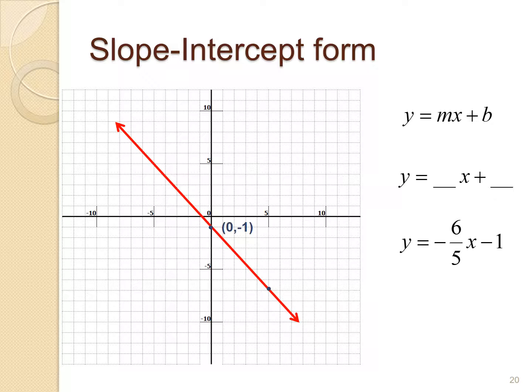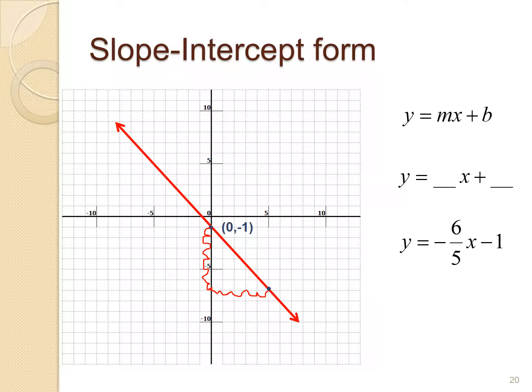So from this point down to this point, how much does the y value change? Well, it goes down 1, 2, 3, 4, 5, 6 to here. So the y value goes down 6, hence the -6, and the x value increases by 5. 1, 2, 3, 4, 5.